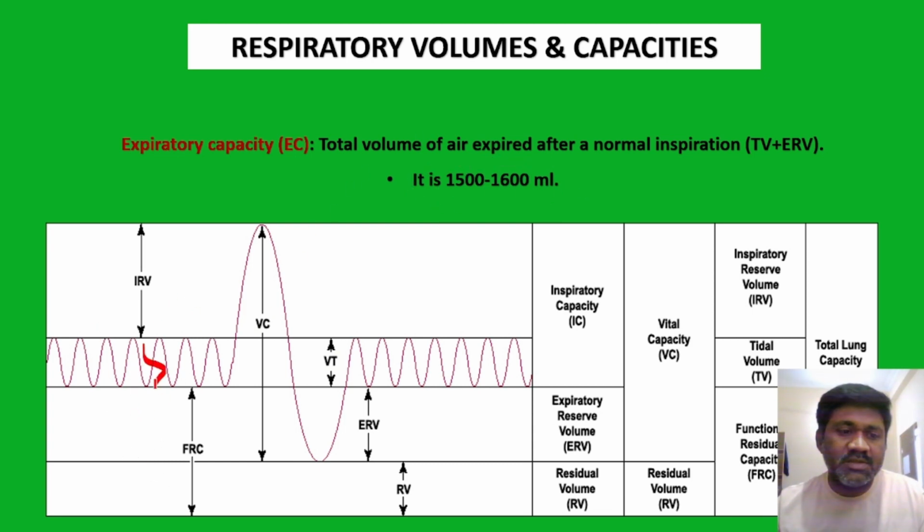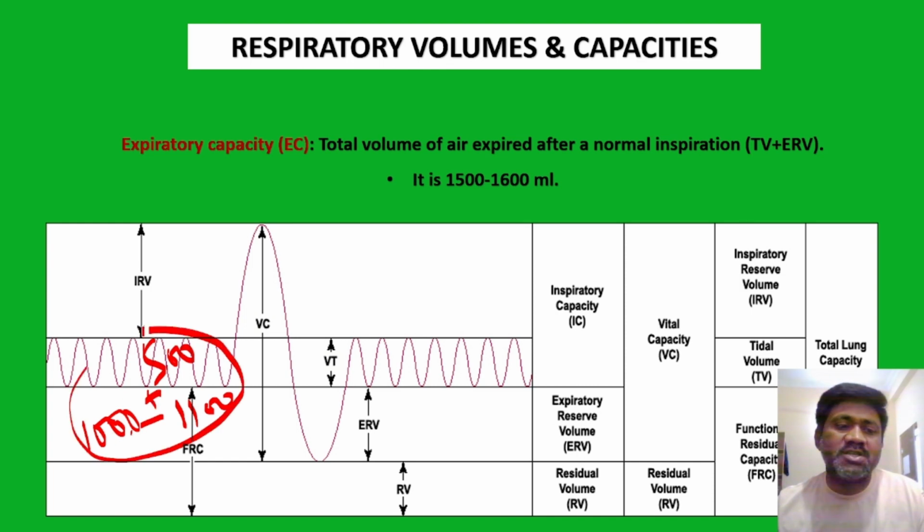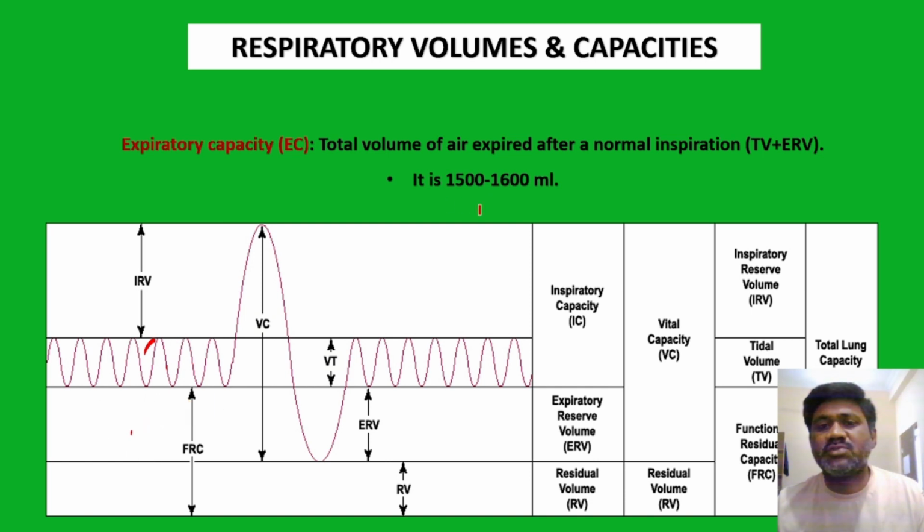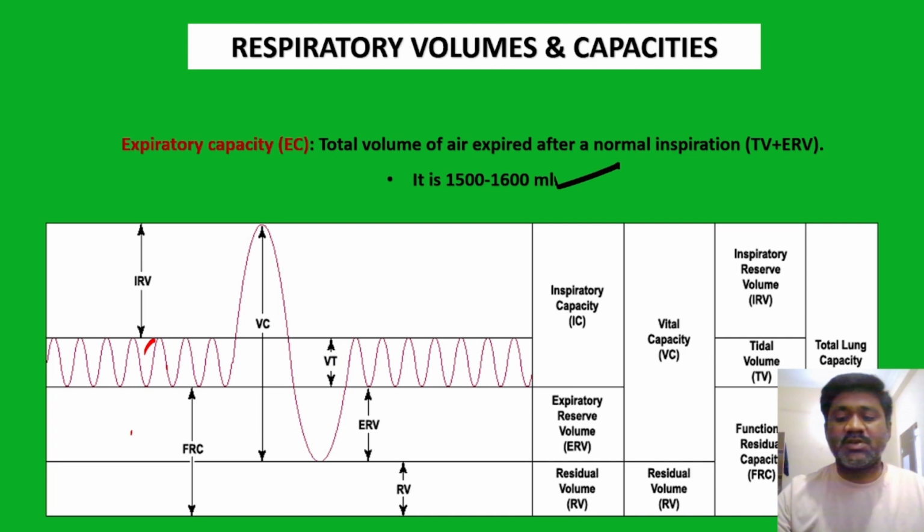Because we know already this is 500, and this is the ERV of 1000 to 1100 ml. So 1000 plus 500, or 1100 plus 500, equals 1500 to 1600. Yes, 1500 to 1600 ml is the expiratory capacity.